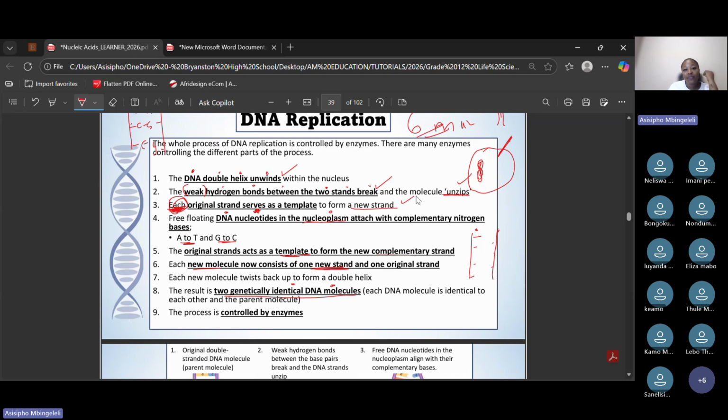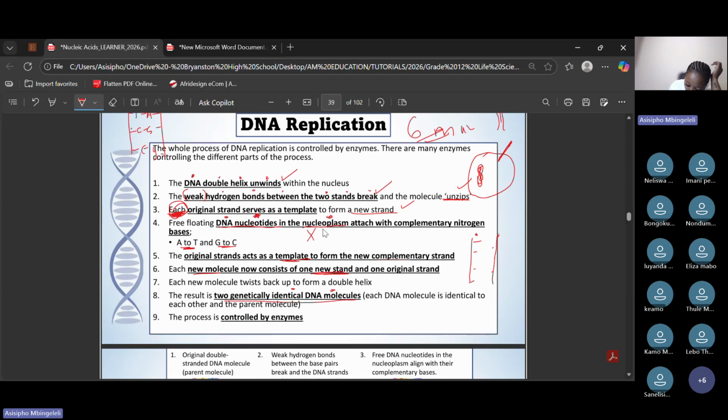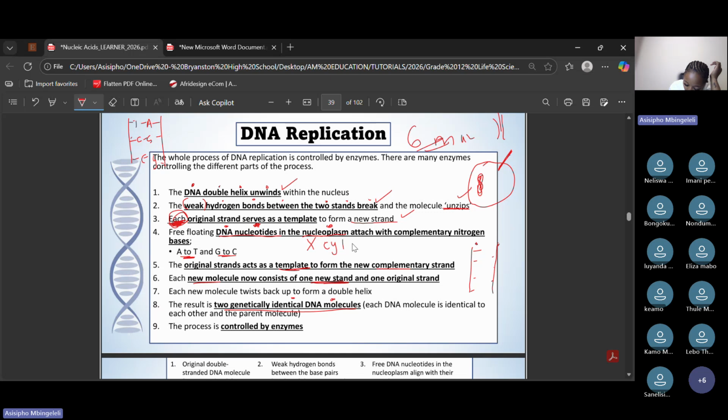Then free floating DNA nucleotides in the nucleoplasm. Please make a note right across and write cytoplasm. Write a note so that you can remember that you cannot say cytoplasm at this point.